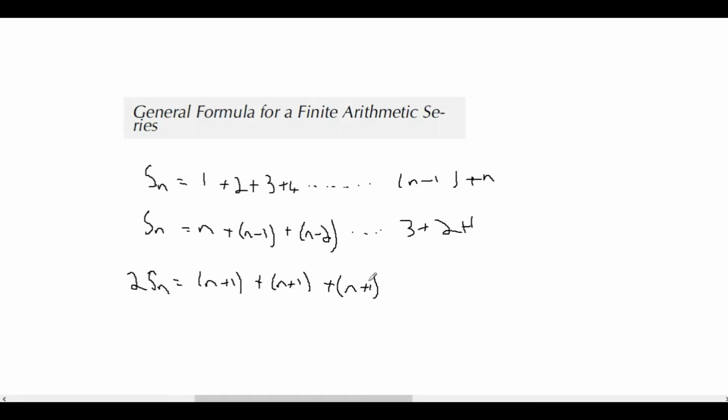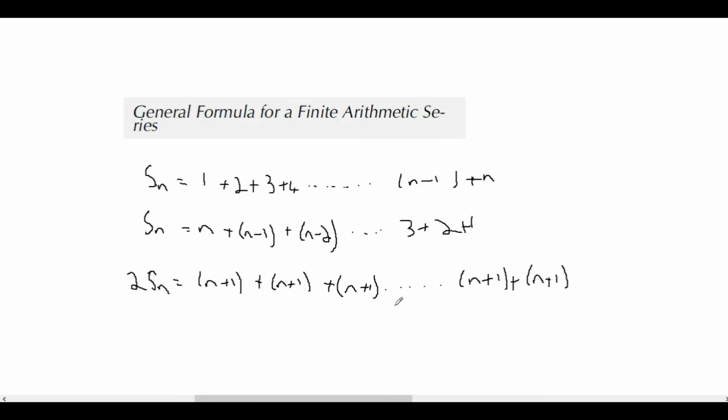So we continue doing this for all the terms in our series, and then we get to the end here. Notice we have n minus 1 and 2, so we again get n plus 1, plus, and the last part is again n plus 1.